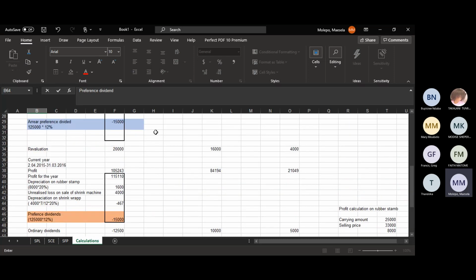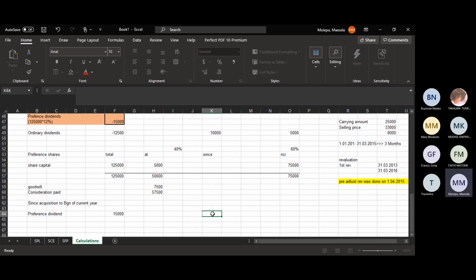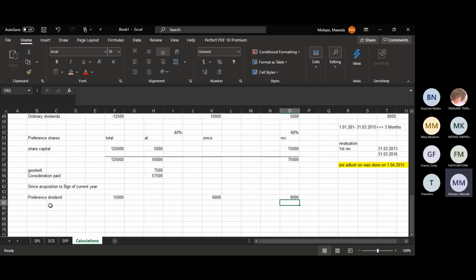This one, you take the full amount of the 15,000, you put it here. It will be on the total. Then here it's going to be using the 40%. When you use the 40%, it will be 6,000 on the since, and then it will be the total of 9,000 on the NCI.